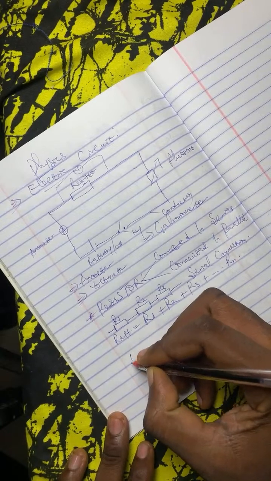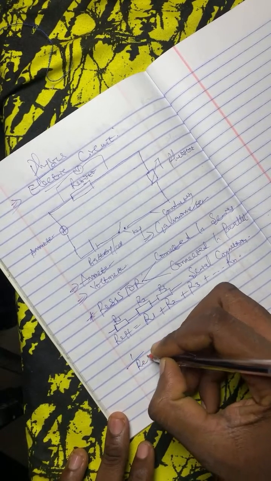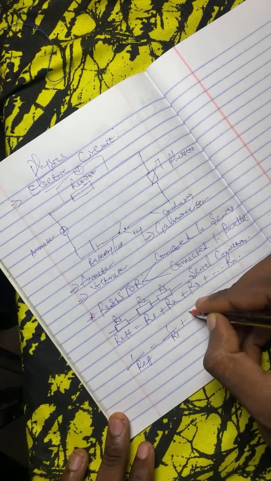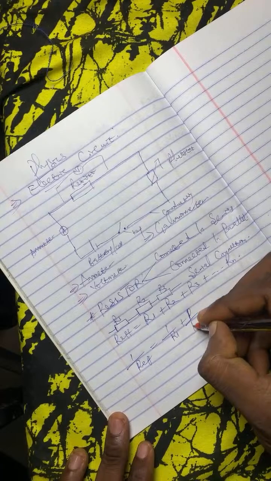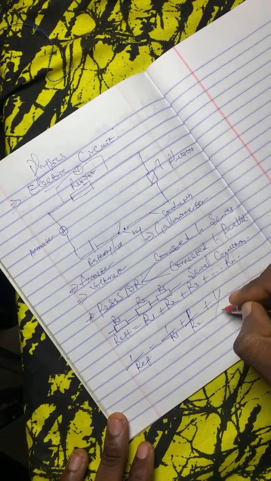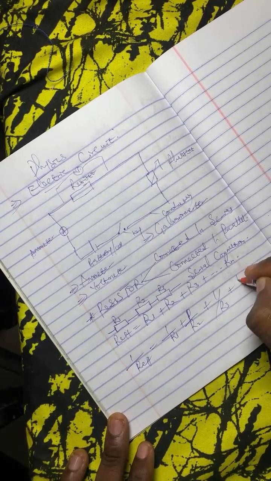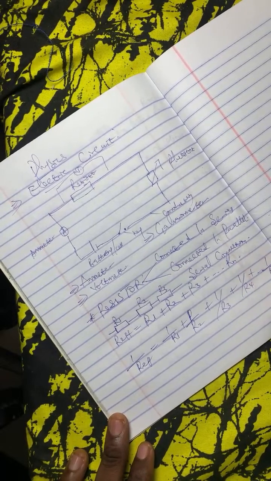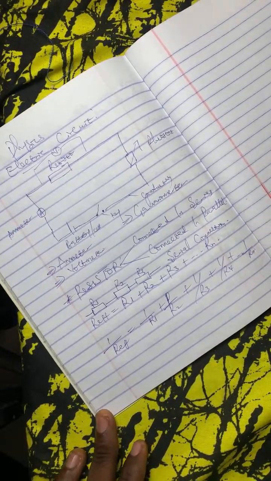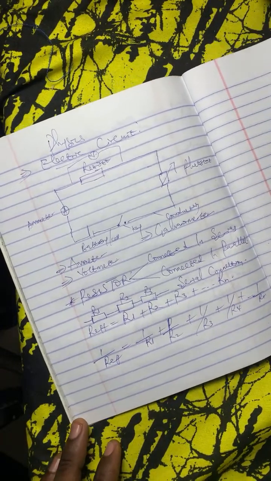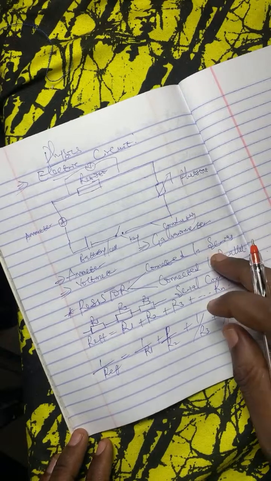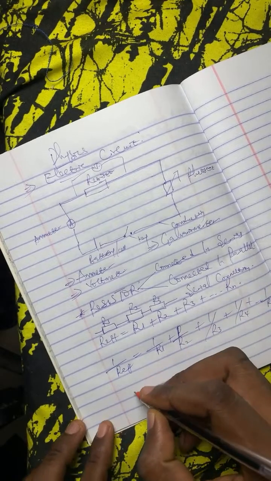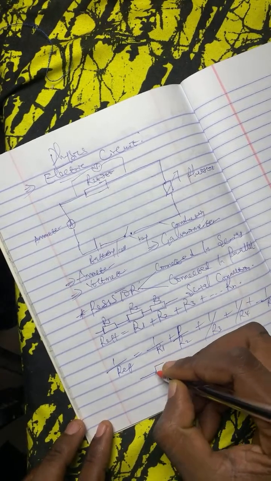So we can have something like this. 1 over R_eff will be equal to 1 over R1 plus 1 over R2 plus 1 over R3 plus 1 over R4 plus 1 over Rn. That's how to calculate effective resistance in parallel. This is serial connection, and this is parallel connection. And in parallel connection, this is what we have.